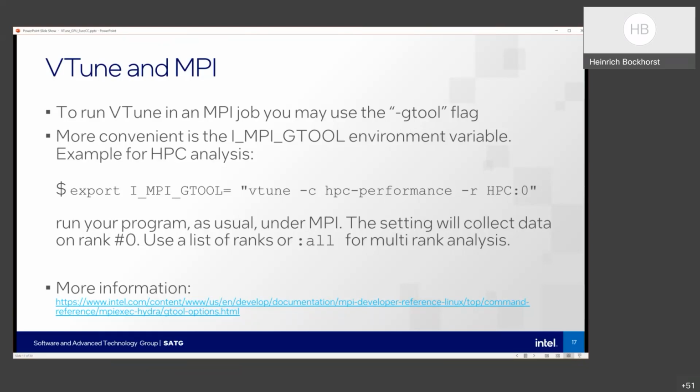One example is printed below: you use I_MPI_GTOOL and put your vTune line together with a colon, and then 0 would mean that vTune is only executed on rank number 0. You can put a list of ranks here, or you can put colon all for all ranks.